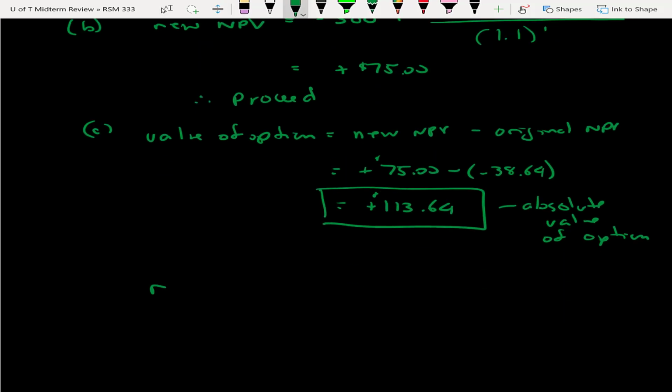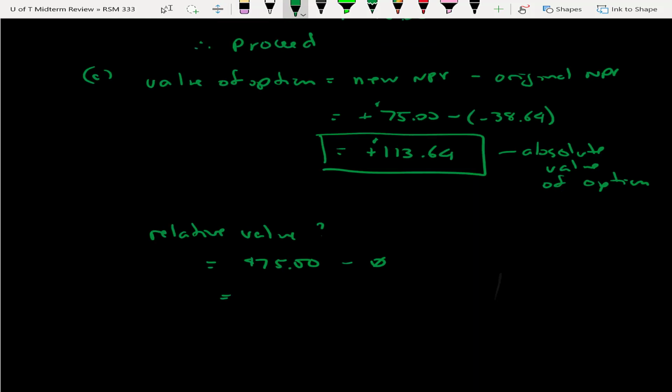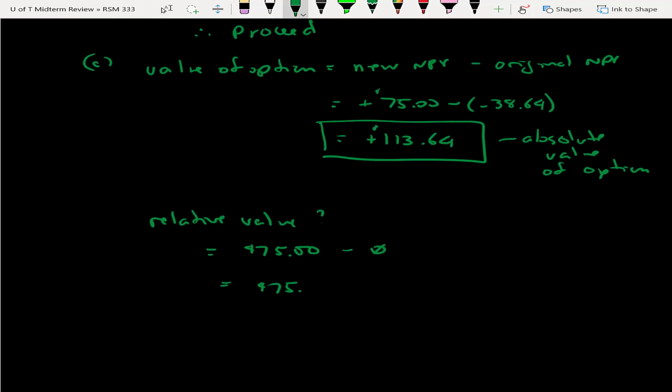However, what's the relative value? The relative value is going to be the 75 minus 0, or $75. So why are we minusing 0? Because in this scenario, if it had turned out that we calculated an NPV of negative 38, we wouldn't proceed.